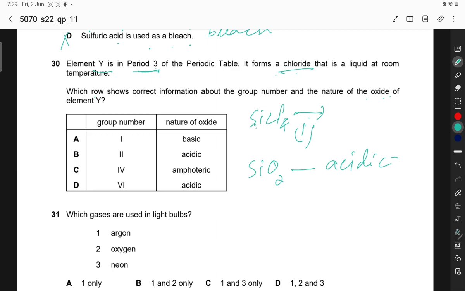Group number 4, silicon is present in group 4. Silica is amphoteric? Group number 4, group number 6.